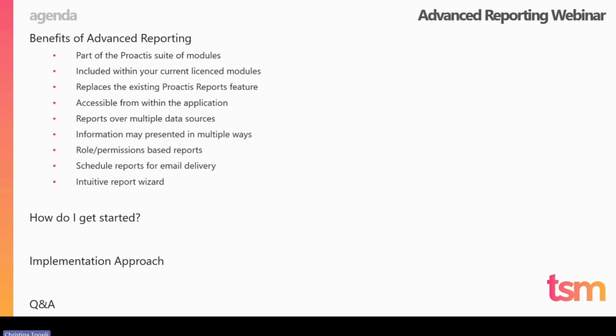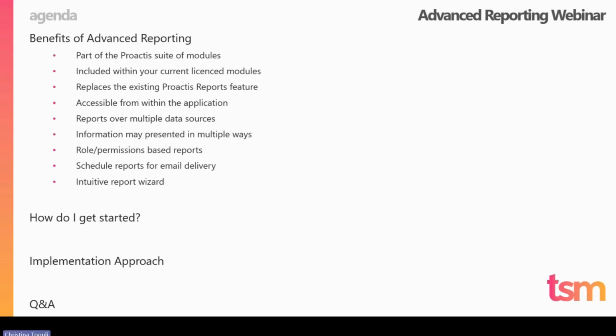So depending on what version of the software you're on, you will see one of the tabs at the top of the screen will be Proactis Reports, and this will replace that functionality. That is legacy software. Advanced reporting has replaced that. That utility will be end of life at some point soon. So we are encouraging users, if they do have reports within Proactis Reports, to have them rewritten within the advanced reporting utility.